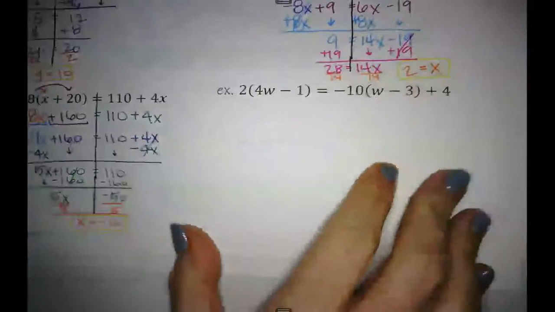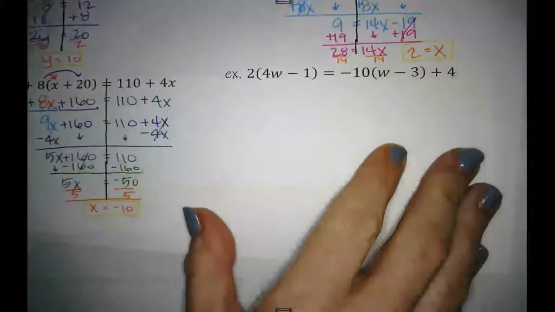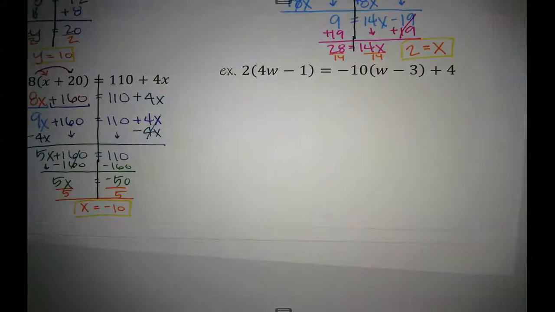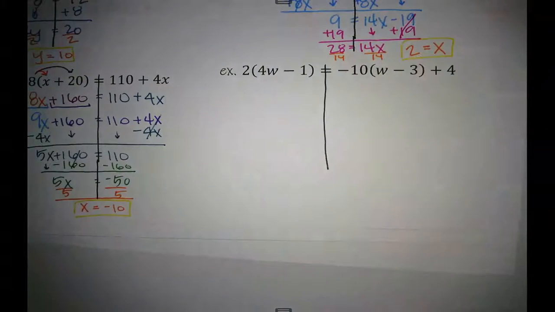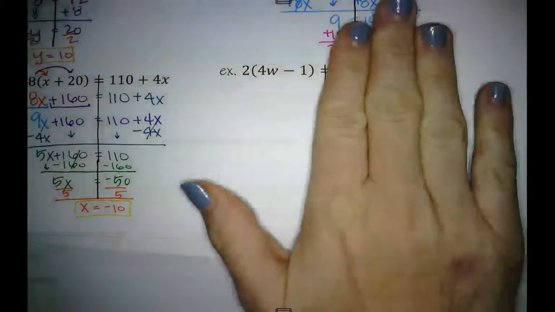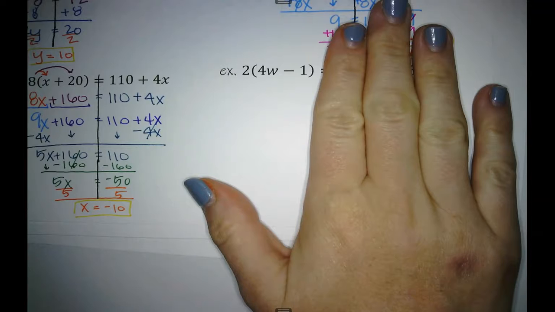One more example. Okay. We got 2(4w - 1) = -10(w - 3) + 4. All right, let's draw our wall all the way down and work on one side. On this side, do we have something to distribute? Yes, we do.